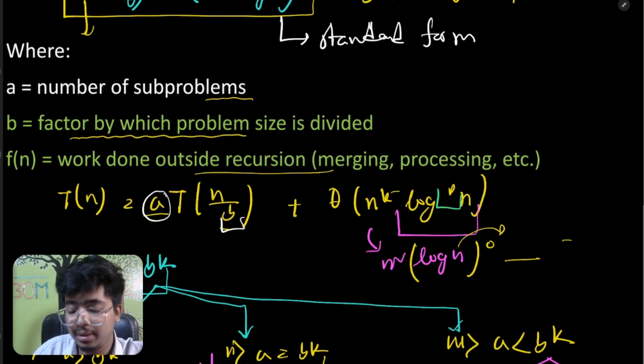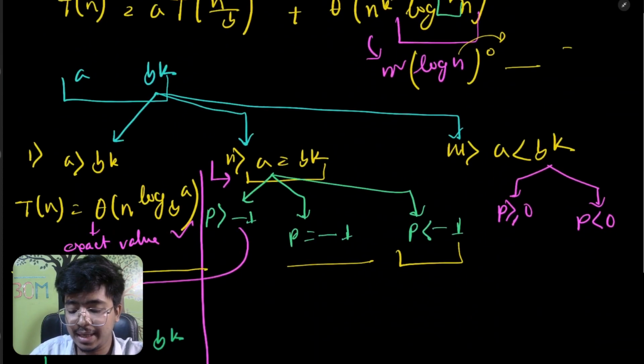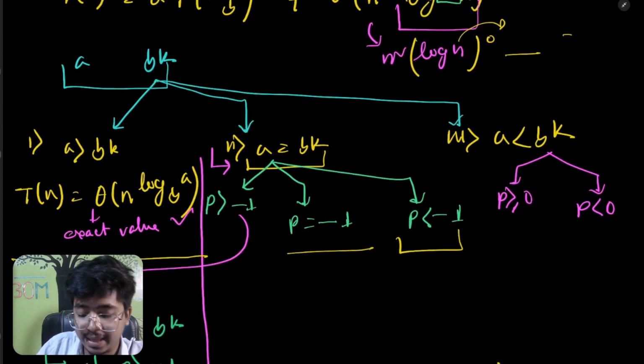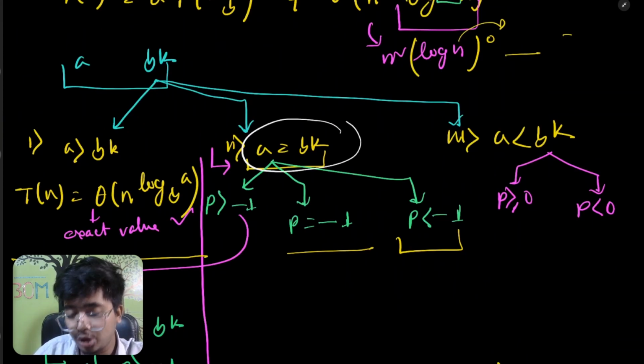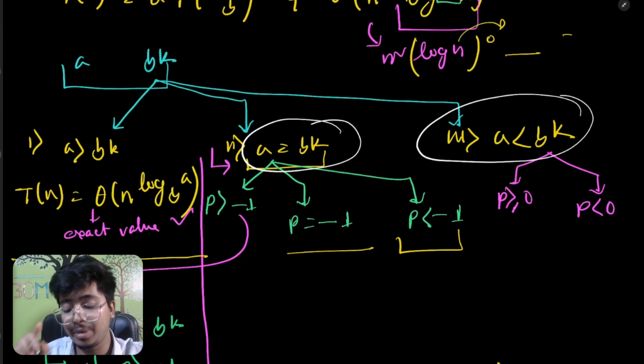Then we will be coming into three cases. Number one, when a is greater than b to the power k. Number two, when a equals b to the power k. And number three, when a is less than b to the power k.